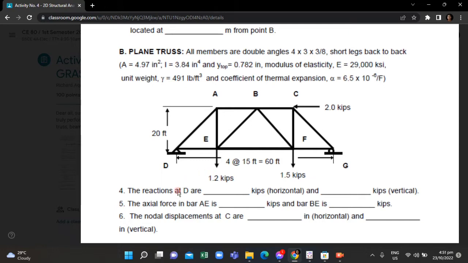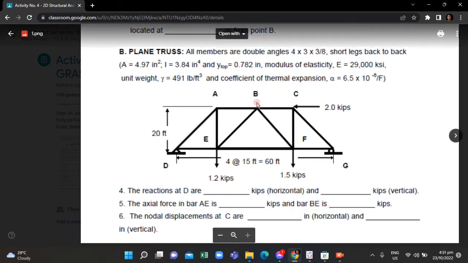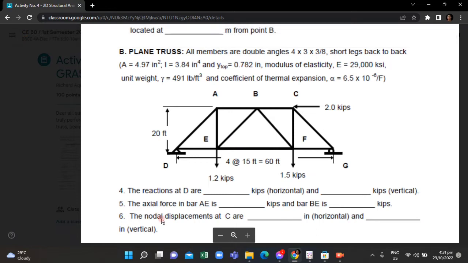We are tasked to determine the vertical and horizontal reactions at T, determine the actual force in bar AE, basically this horizontal one, and bar BE, this one, and then determine the horizontal and vertical nodal displacement at C. Let's proceed to our software.